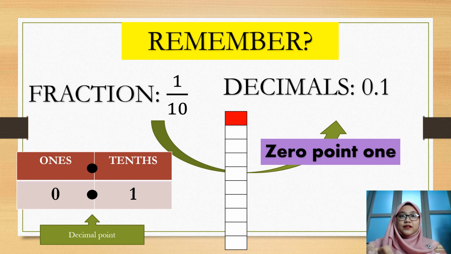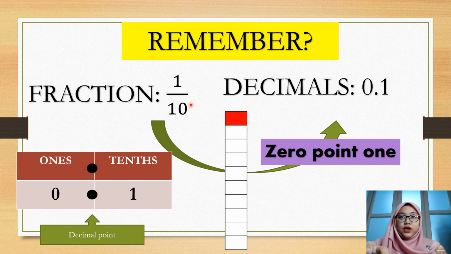Okay, do you still remember the fraction of tens and decimals? So, this is the 10 strip, and 1/10 is 1 part out of 10 parts. So we call it 1/10.